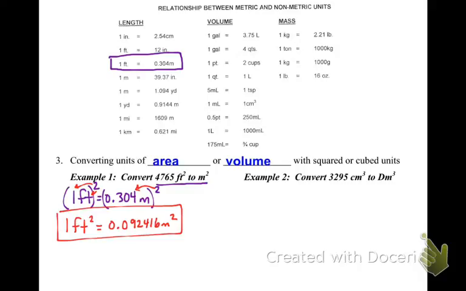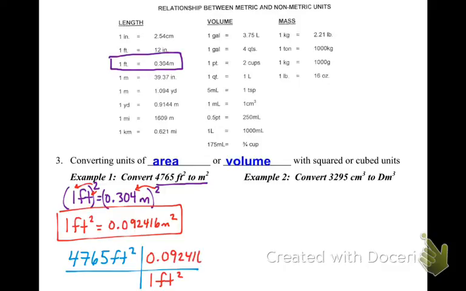So all we did was just take our normal conversion factor and square it to get it into our unit of area. We'll now take our given, 4765 square feet, and we'll use our conversion factor that we just created of 1 square foot, 0.092416 meters squared.